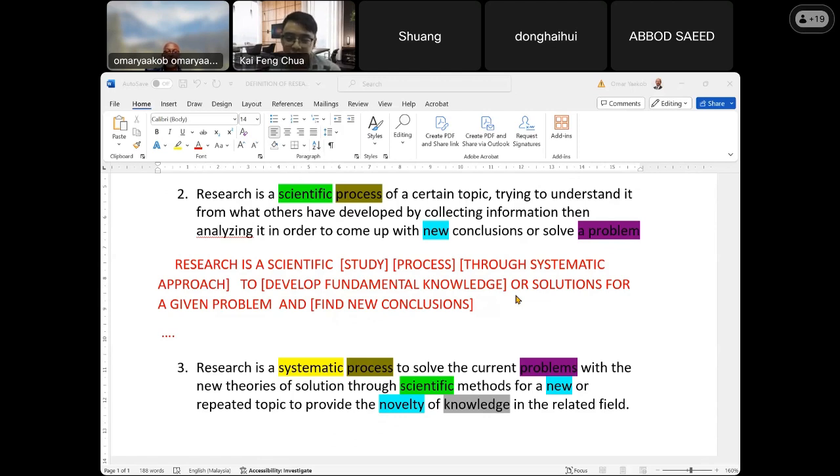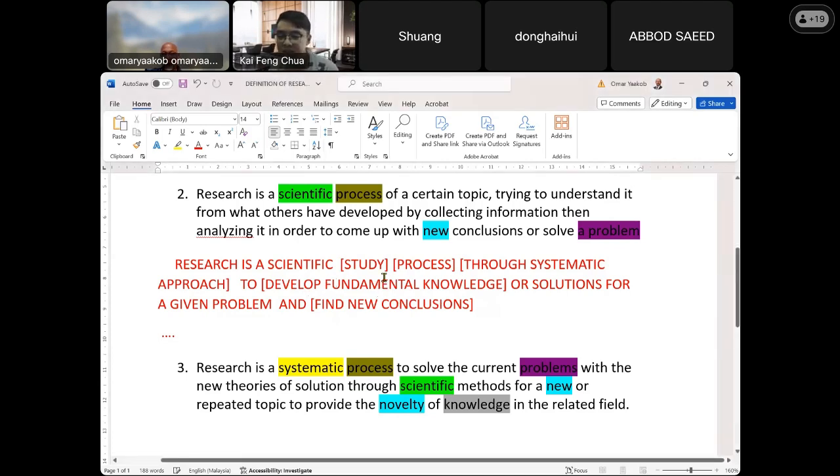Instead of using fundamental, maybe we can change to words from the other definitions, like novel of the knowledge or novelty of the knowledge, and the solution for the given problem and find new conclusion. I agree with this sentence.